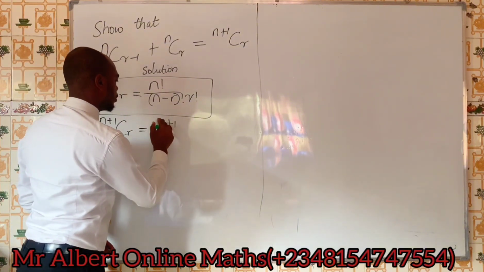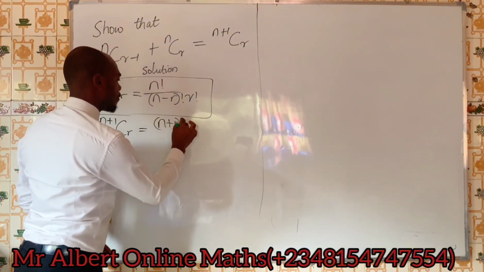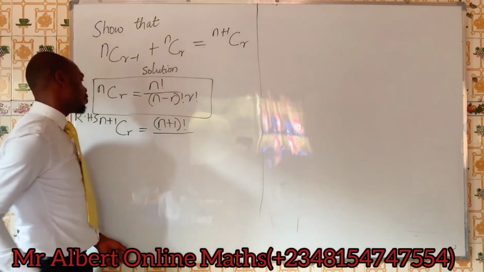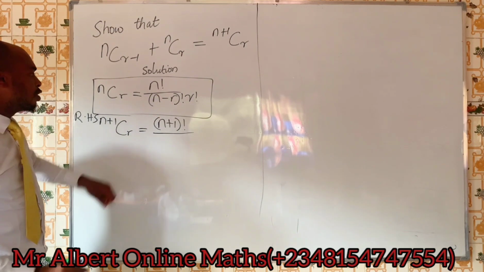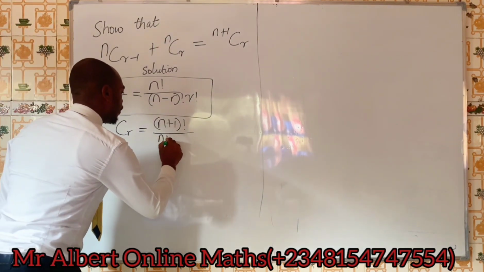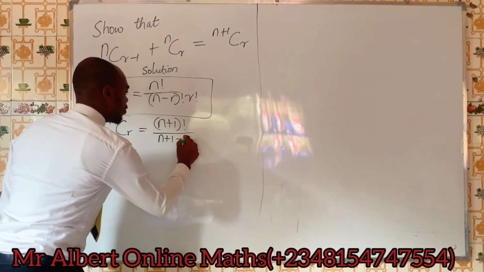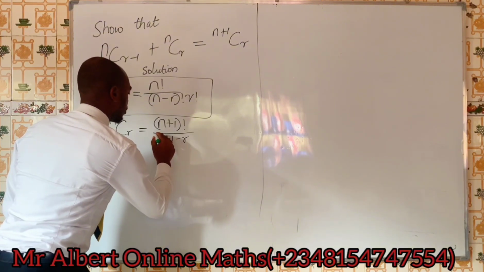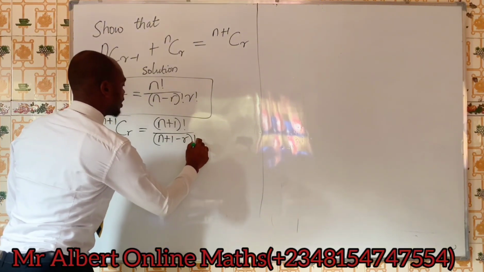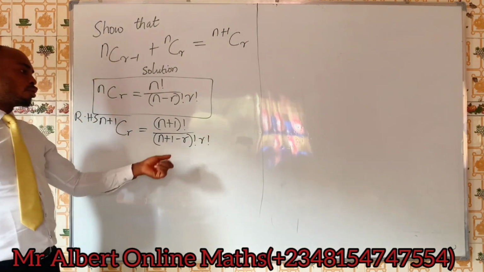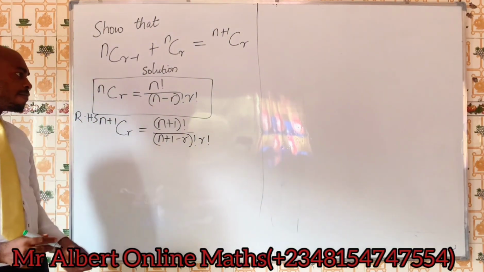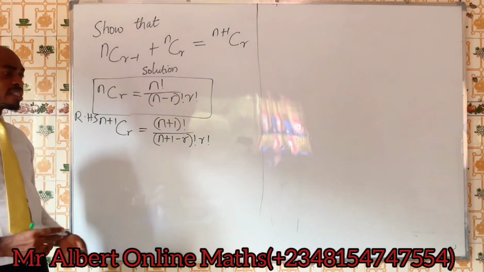N plus 1 factorial all over, we take the difference of this and this. So what we have is n plus 1 minus r factorial. Then we have r factorial. This is what we have at the right hand side.